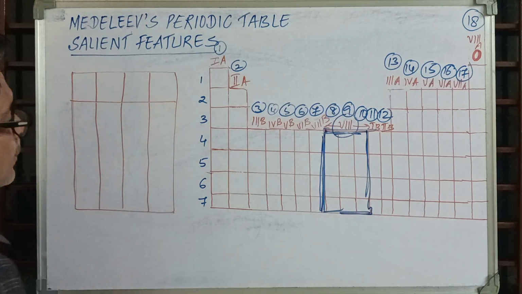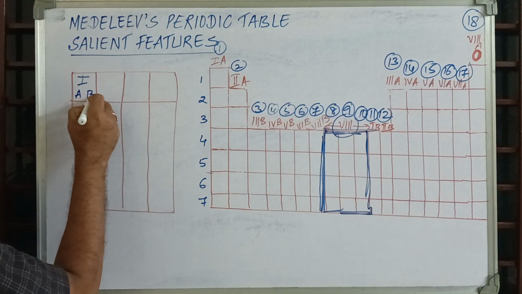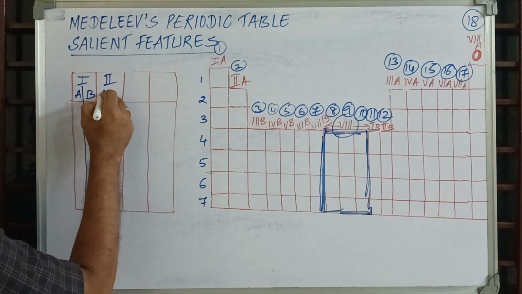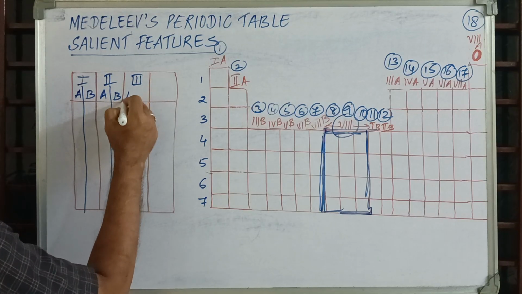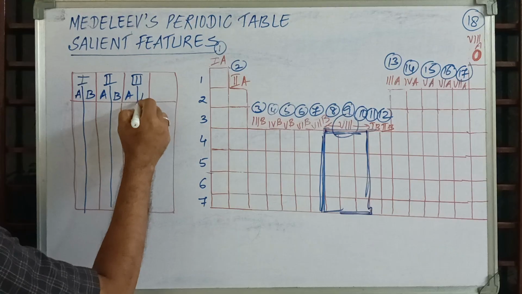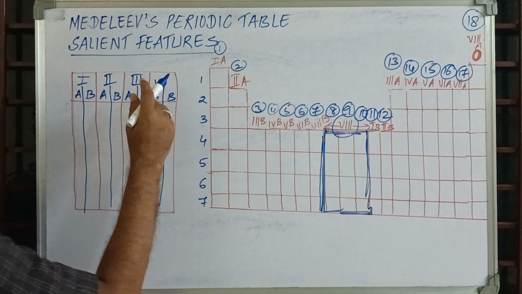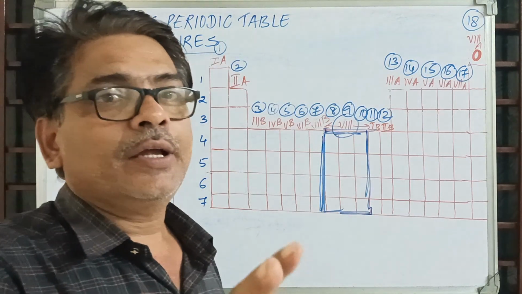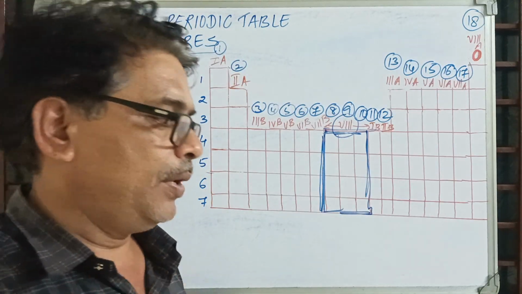Here, this is first and it is classified into A and B. This is the second group and the subgroups are A and B. This is the third one, group A and subgroups A and B. This is the fourth one with groups A and B. So it went on up to 8th. Mendeleev Periodic Table also had 8 groups and they were also subdivided into A and B.